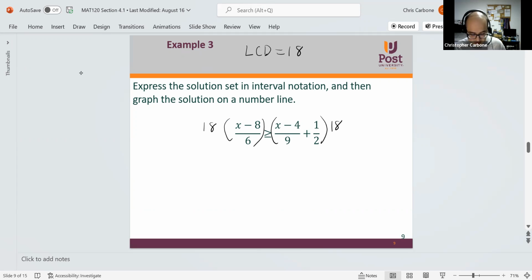Okay, so going in order. Left side here would be 18 divided by 6. That's 3 times x minus 8. It's greater than or equal to 18 divided by 9 is 2 times x minus 4 plus 18 divided by 2 is 9.